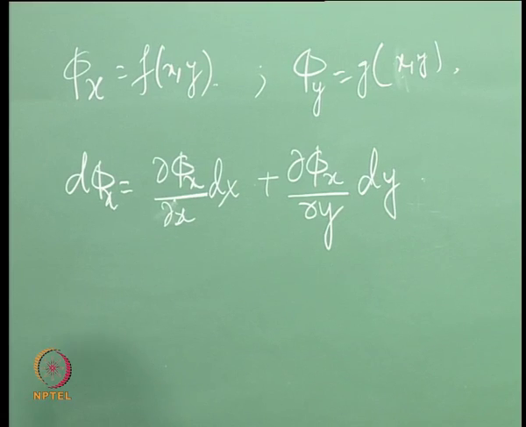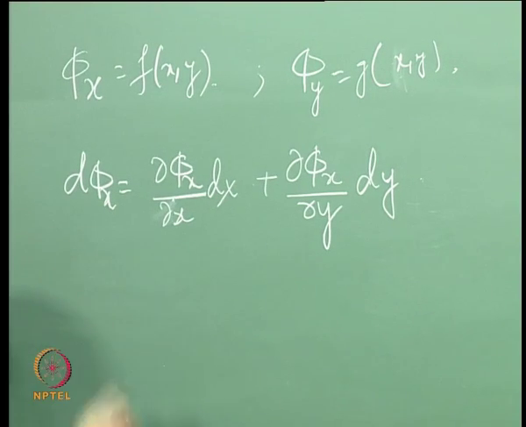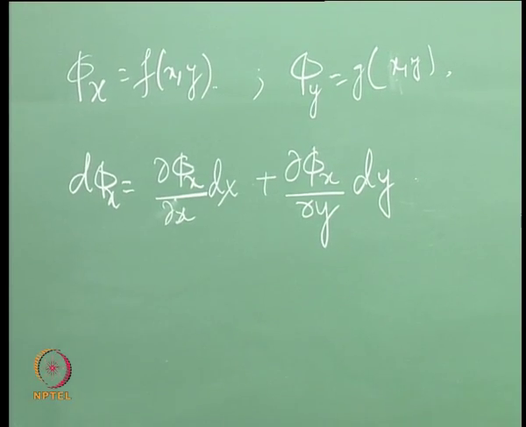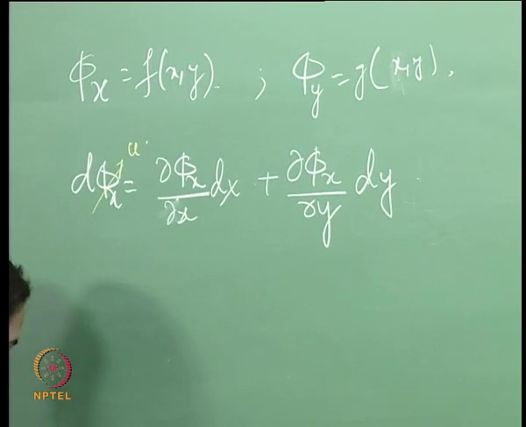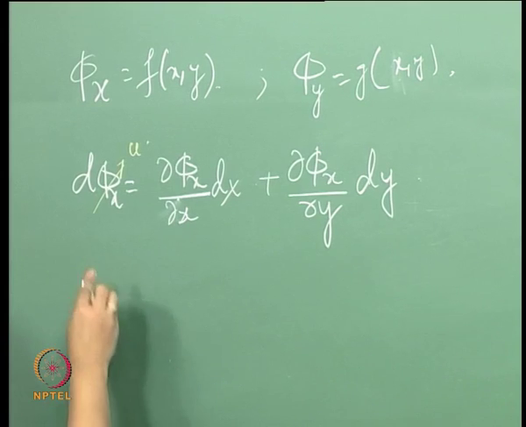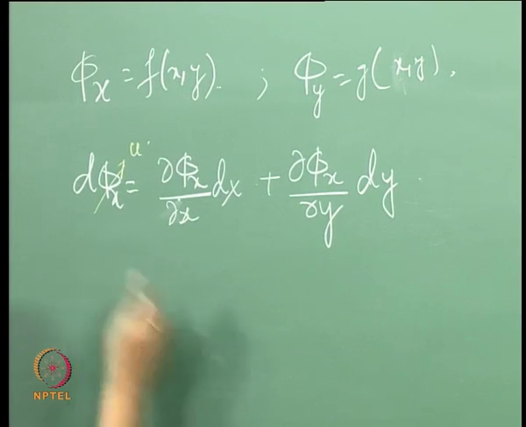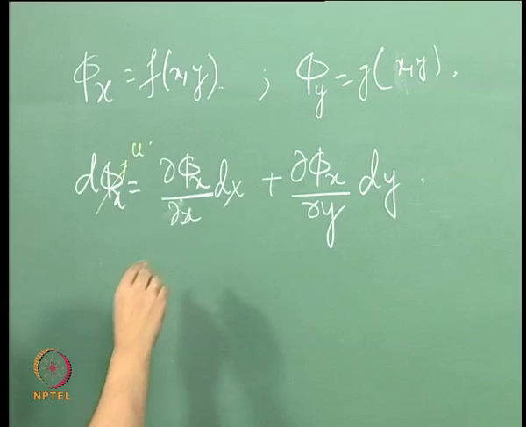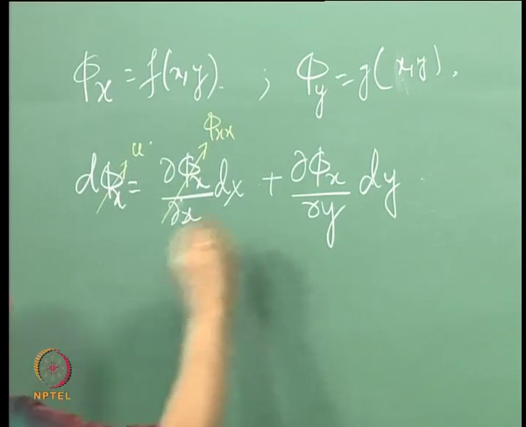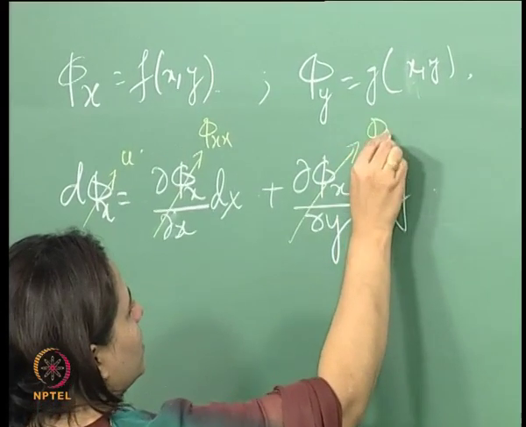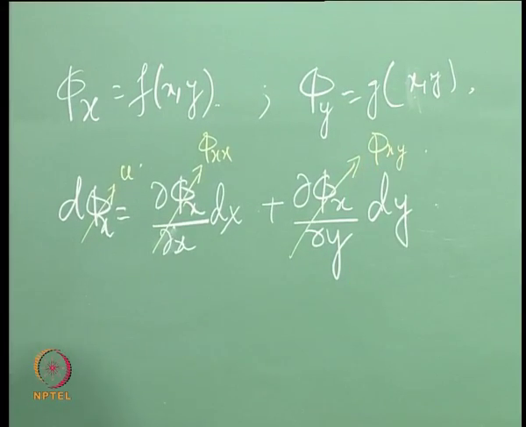As we know, phi x is nothing but u, so I can write this as phi xx, and this I can write as phi xy.